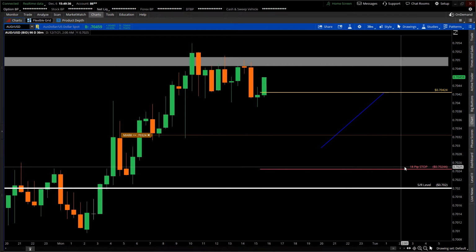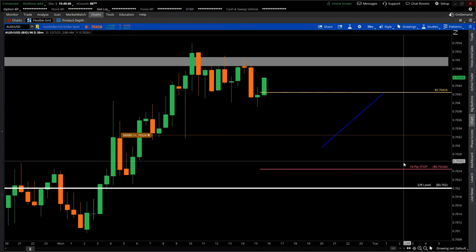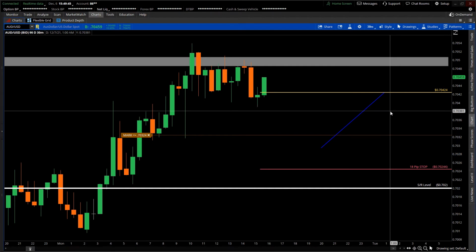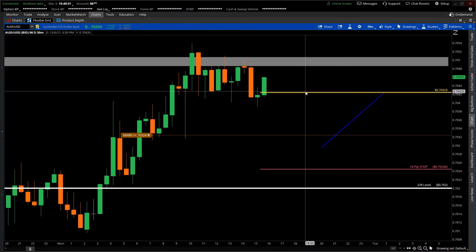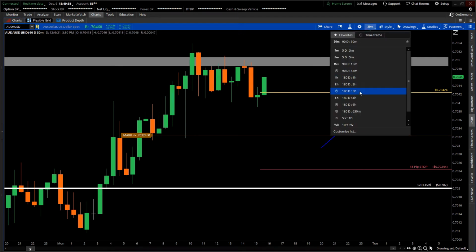So anyway, because I have an 18 pip stop, I'm looking for a 1 to 3 risk reward. So based on that, I'm looking for a 54 pip move towards the upside for a potential take profit. Again, that's just to be determined, because if it's a strong push towards the upside, then I'll probably let the trade keep running.